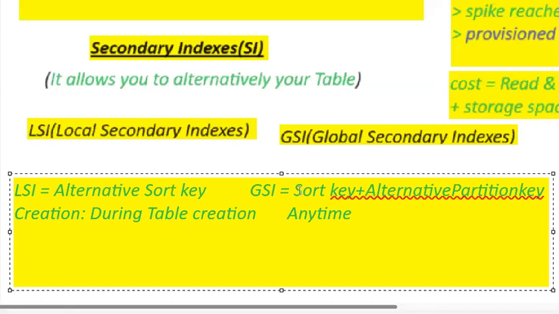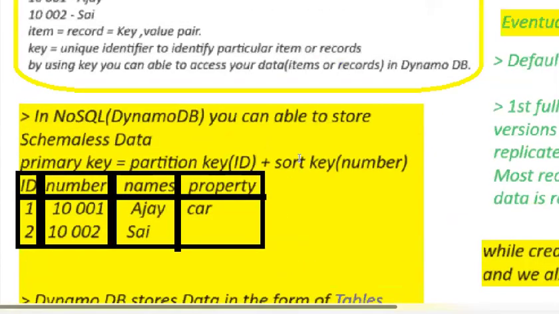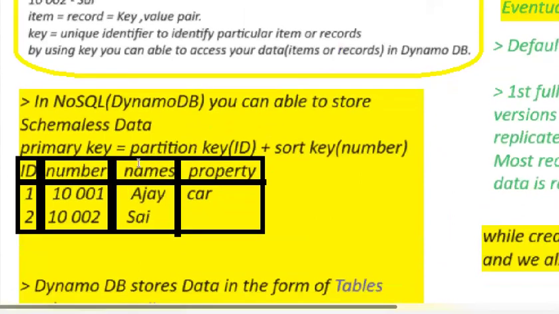That means in order to provide this global secondary index, you need to provide your sort key. What is the sort key here? That is the number that you need to provide. And you also need to provide an alternative partition key. What is the partition key you have here? You have ID.